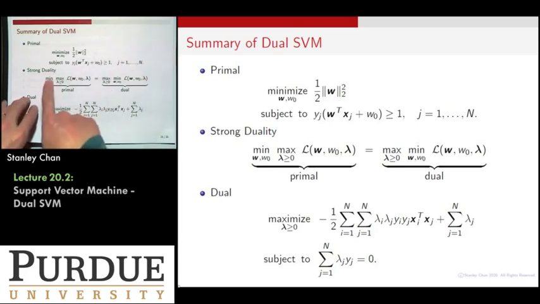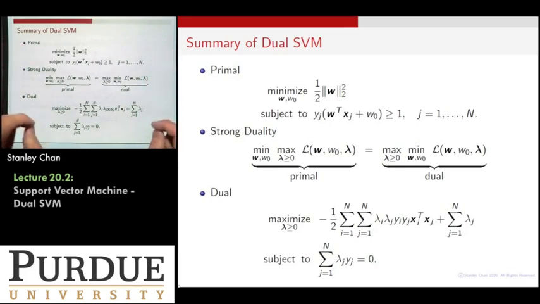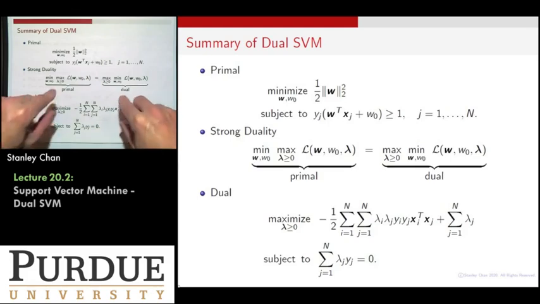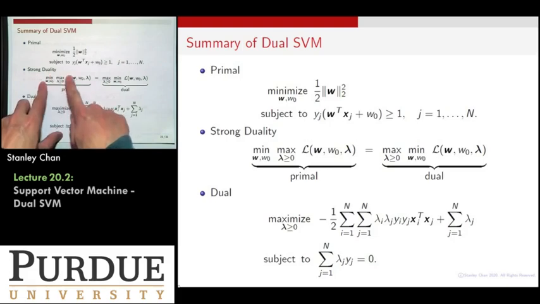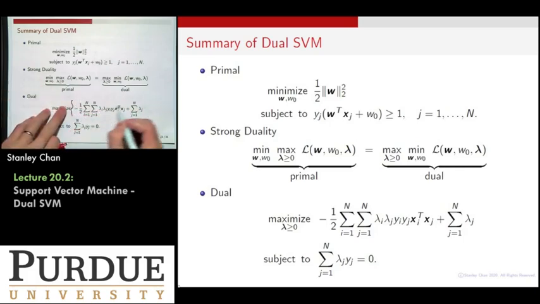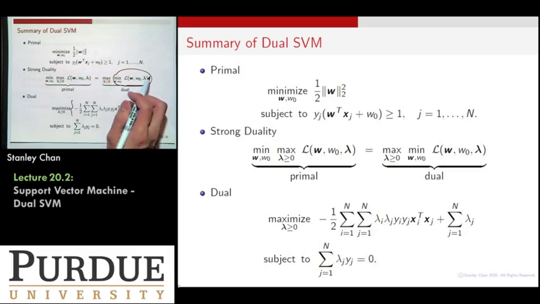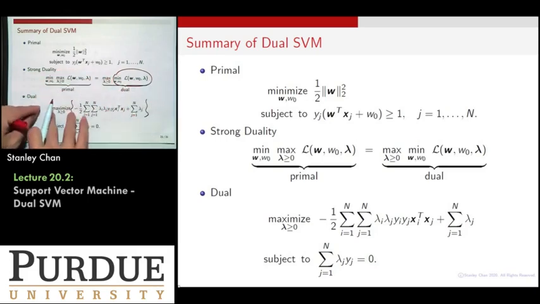So the thing that allows us to turn the primal problem into the dual problem, and claim that the dual problem solution is the solution for the primal problem, is this fact called strong duality, where you can turn the min max into a max min. Why? Well, by solving this problem, you're solving this maximization, and then this min says that I'm taking the gradient of your Lagrangian with respect to W, and then I get a solution, I plug it in, and then I solve a maximization outside.